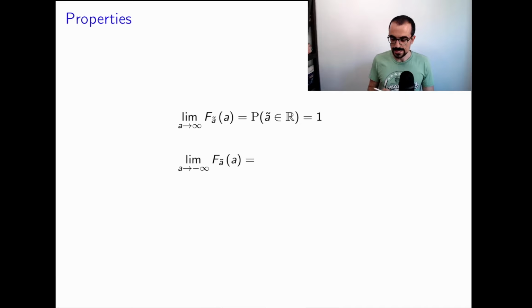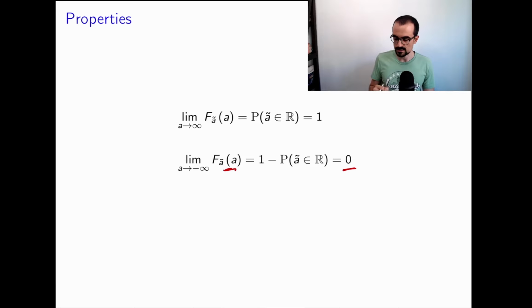What about when a goes to minus infinity, when a becomes arbitrarily small? If a becomes arbitrarily small, that's the probability that the random variable is smaller than any possible number. That's going to be 1 minus the probability that the random variable is somewhere on the real line. That probability is equal to 1. So the probability that a random variable is arbitrarily small eventually is going to become 0.